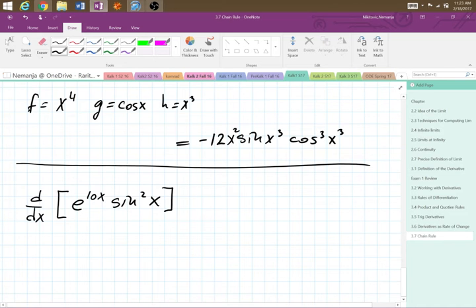And I did easier plus. Outside of sine x squared.